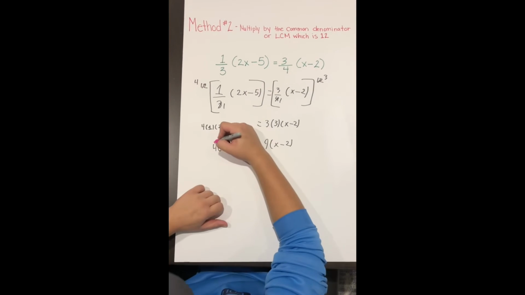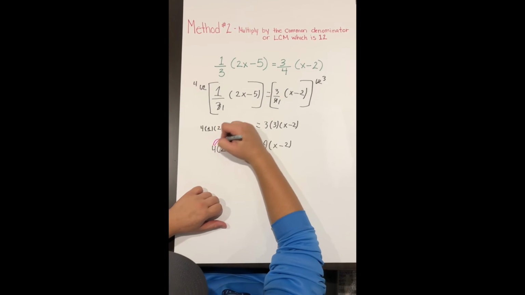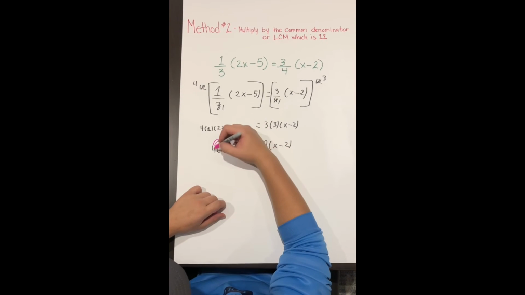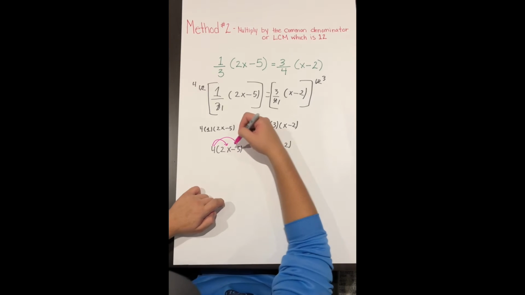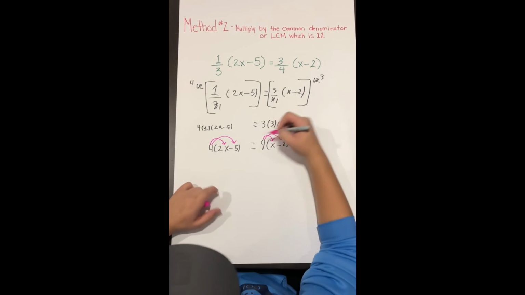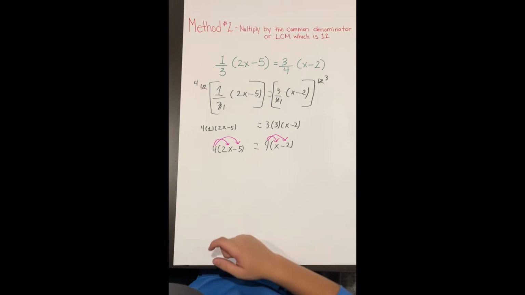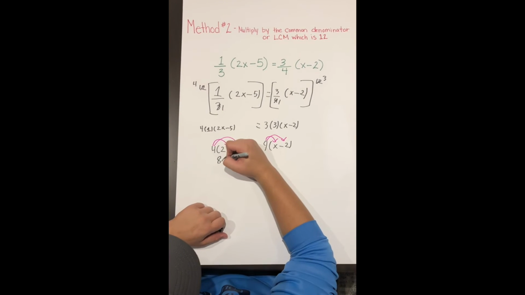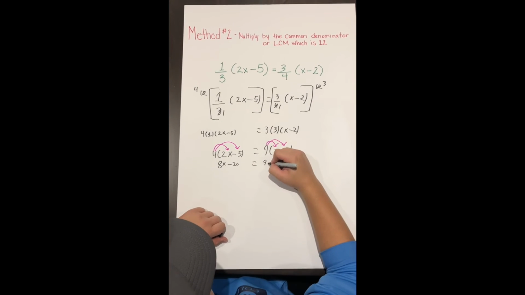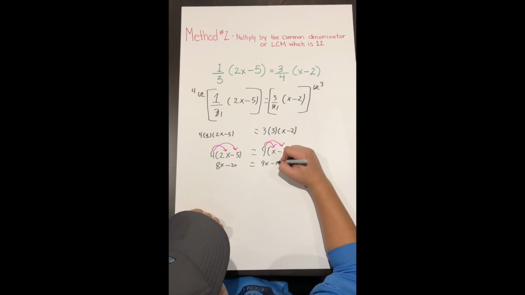So this would multiply by this, and this would multiply by this. 4 would multiply by 2x, and 4 would multiply by negative 5, and 9 would multiply by x, and 9 would multiply by negative 2. So you get, once again, 8x - 20 = 9x - 18.